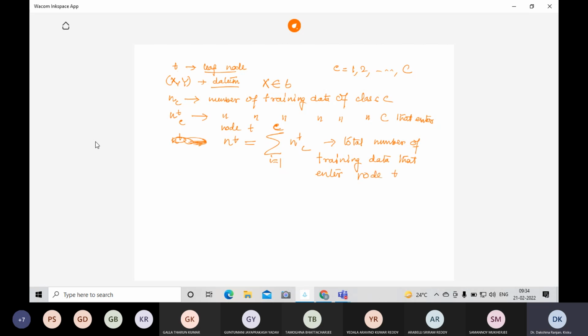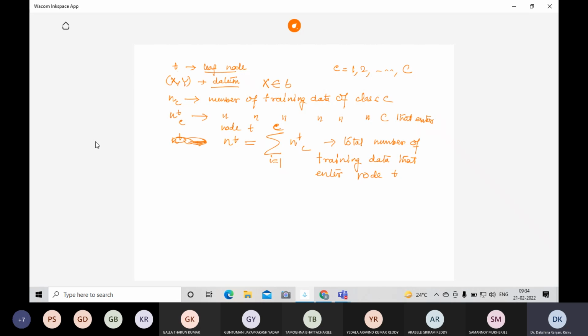So Nt represents the total number of training data that enter leaf node t. Now, what will be the probability that a datum enters node t, given that its class information is c, or class label is c?